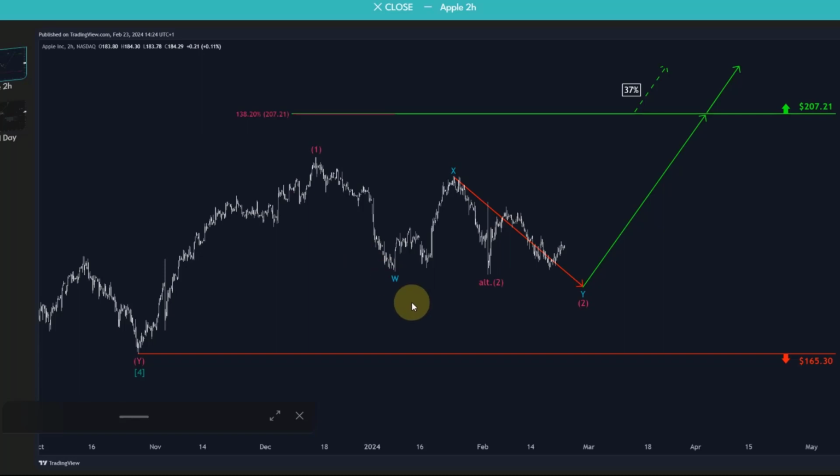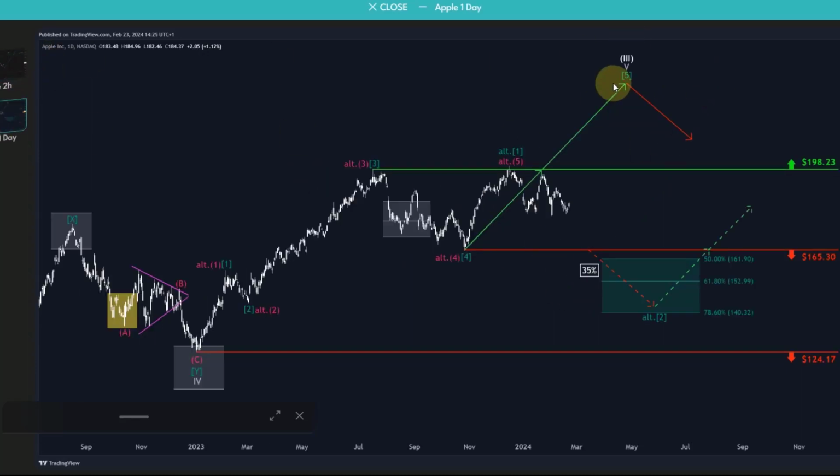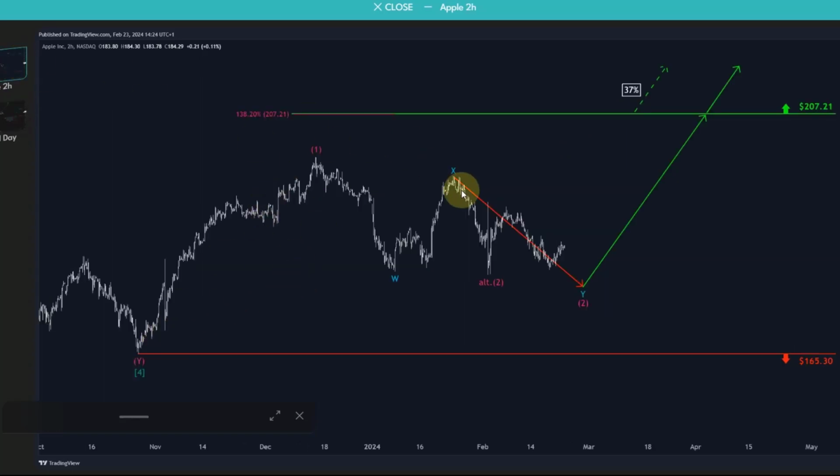Here you can see that in our preferred scenario in magenta, the initial 1-2 setup of this larger fifth wave is unfolding. So what you see on the 2-hour chart is basically this section, and it shows that a 1-2 setup is currently unfolding.